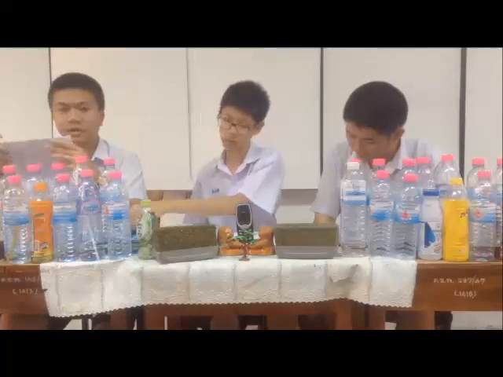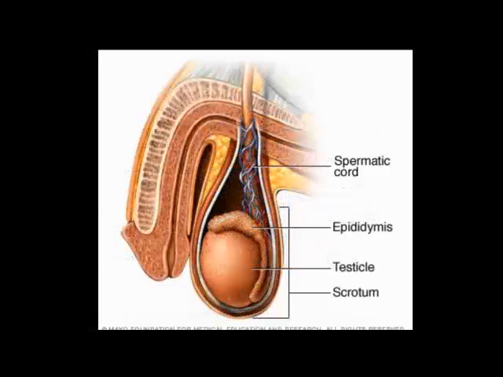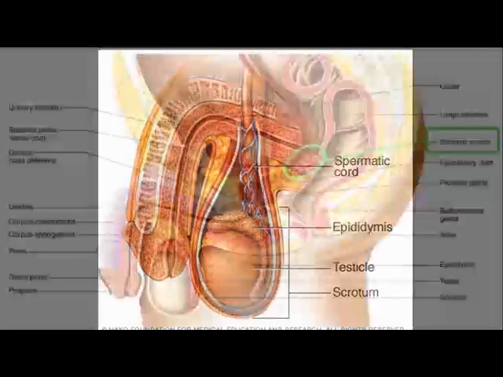It has five components. First, the testes: their function is to produce sperm and secrete testosterone. Epididymis and ductus deferens serve as the sperm exit route, as a site for maturation of the sperm for motility and fertility, and to concentrate and store the sperm.